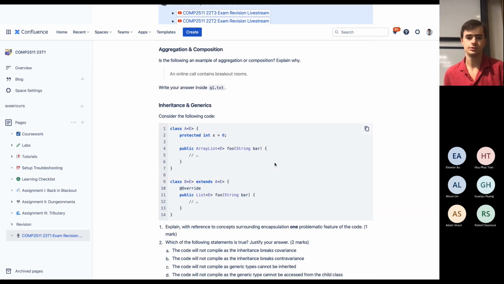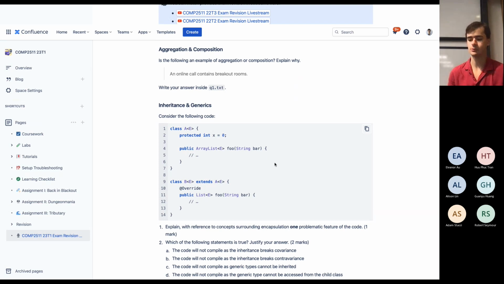Okay, question 2, inheritance and generics. This is a section of the course that is very theoretical, in the sense of being able to understand generics, inheritance and class relationships, because you won't have notes in the exam because it's all closed book.